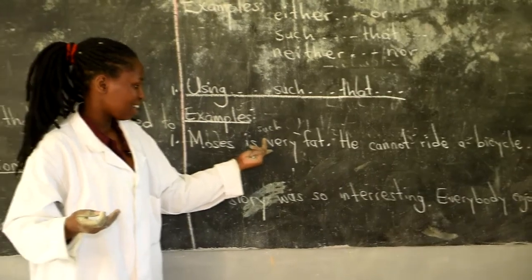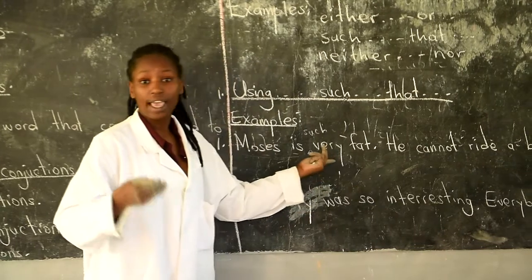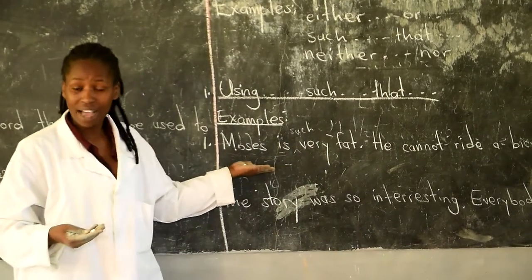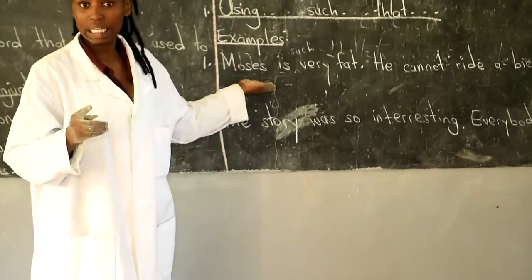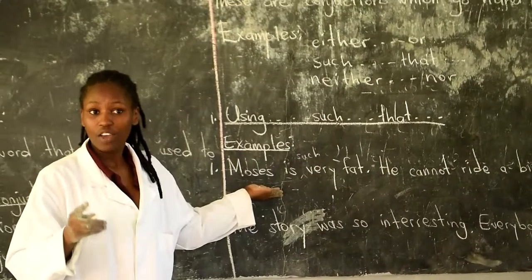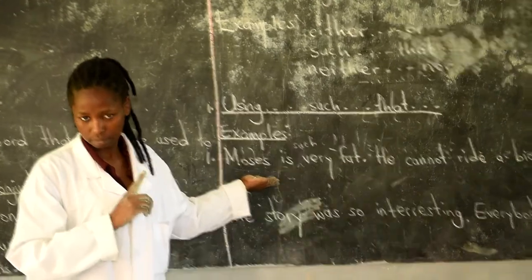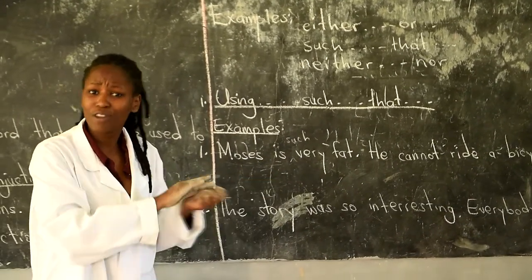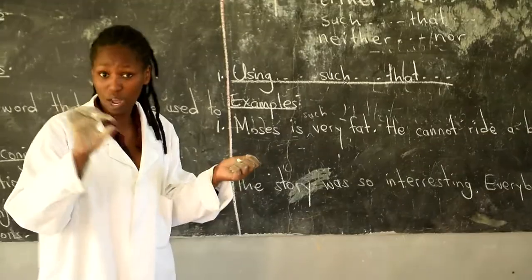So these words are expressing degree. Therefore, when you're giving your answer, you should not include them in the answer. You have to omit them. You have to throw them away. Don't bring them into your answer.